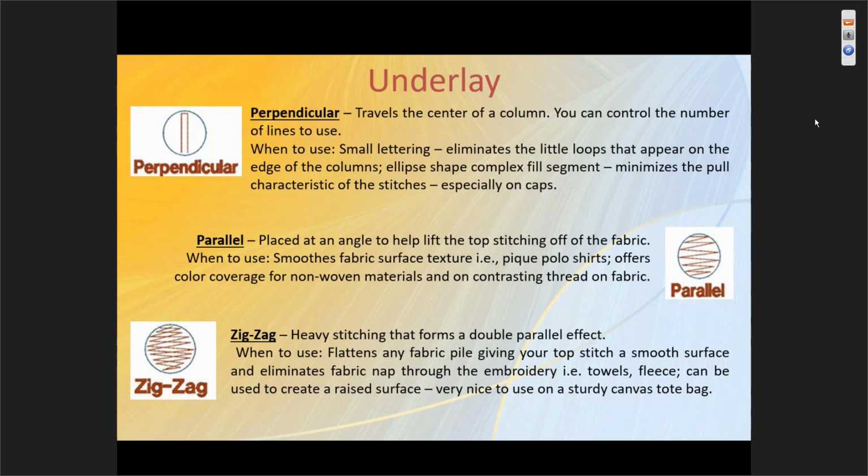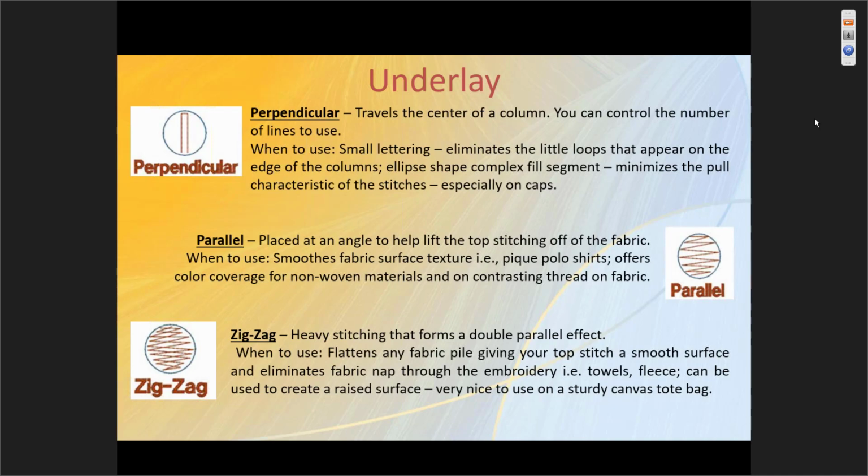Then we have our perpendicular underlay. With our perpendicular underlay, it is again running stitches. They are traveling down the center of the column, and you do have control over the number of lines that it uses. It does default to 2 lines, but when you're doing your small lettering or thin columns, you may be taking that down to 1 line so that it's not going to hang out.